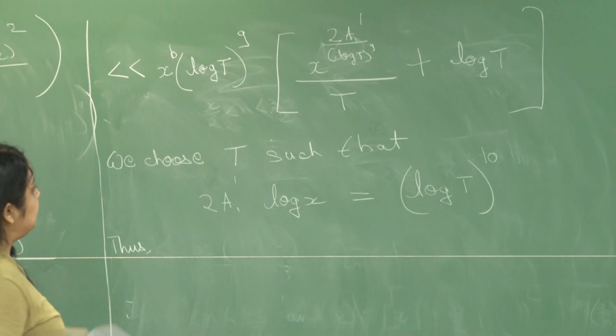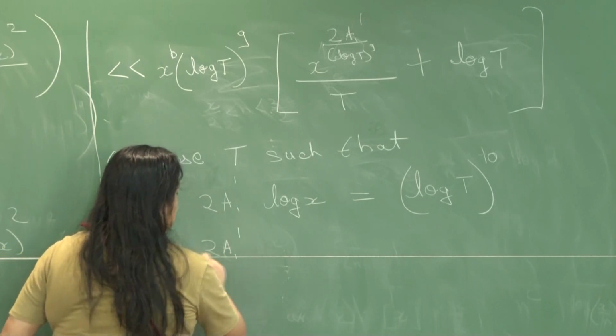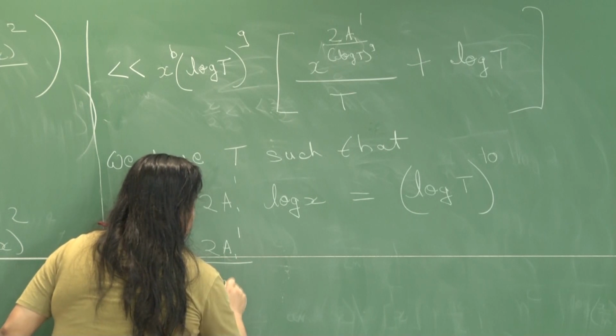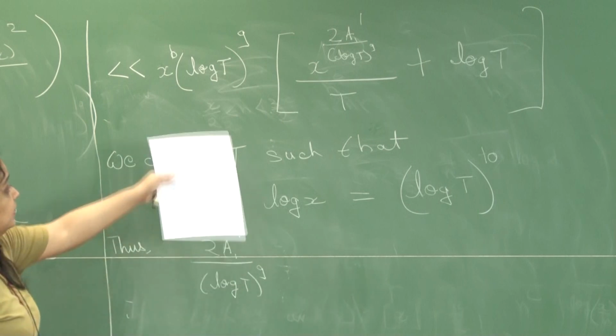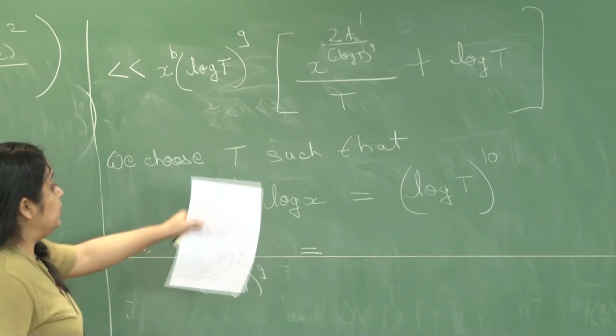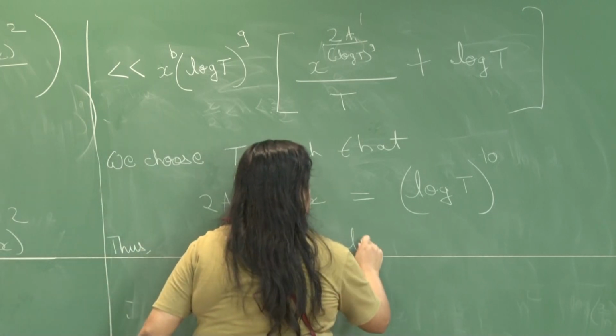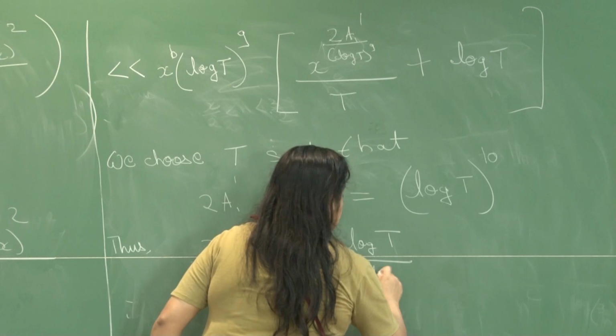so a few things happen. First of all, 2a1 prime over log t raised to the 9 turns out to be equal to log t over log x.